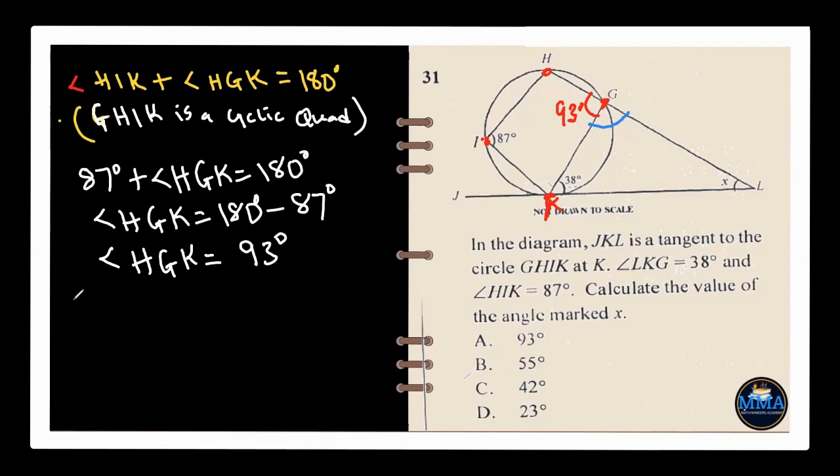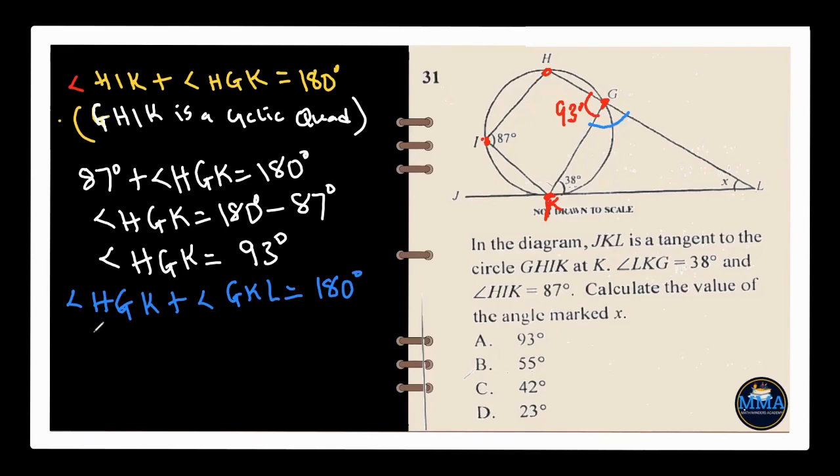So we move on to say angle HGK plus angle GKL equals 180 degrees. We give our reason.